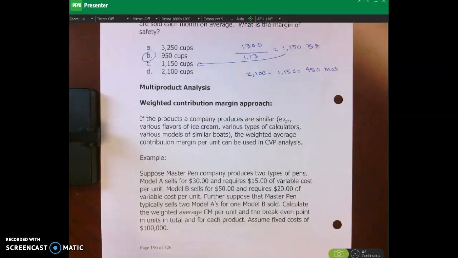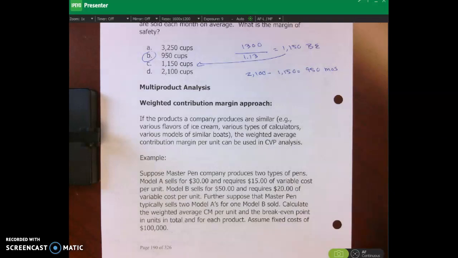Okay? So if we have a situation where a company makes similar products, for example, different flavors of ice cream, or 5 different types of bikes, or even 4 different types of bikes, what we can do is calculate a weighted average contribution margin.